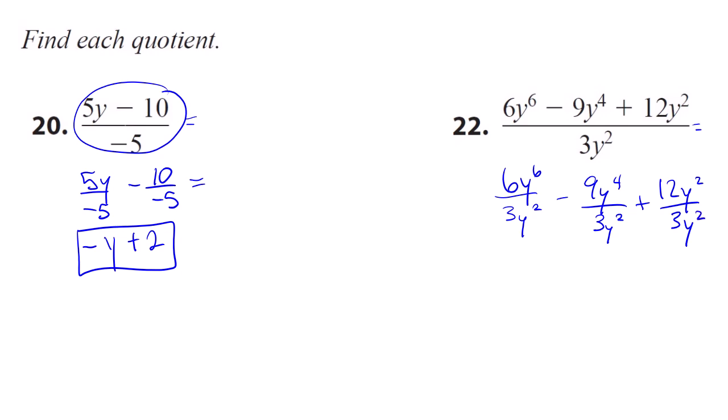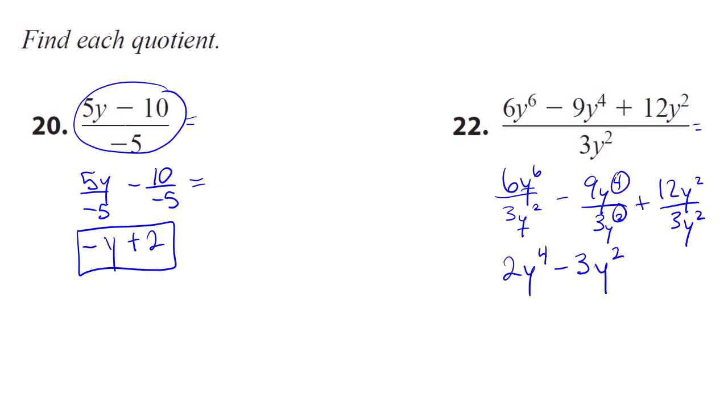Okay, so I'm going to just take each of these individually. And so 6 divided by 3 here is 2. Y to the 6th divided by y squared, we subtract the exponent. 6 minus 2 is 4. -9, so I'm taking that negative there with the 9, divided by 3 is -3. Y to the 4th divided by y squared is y squared. 4 minus 2 is 2.